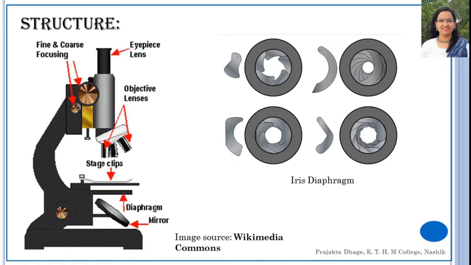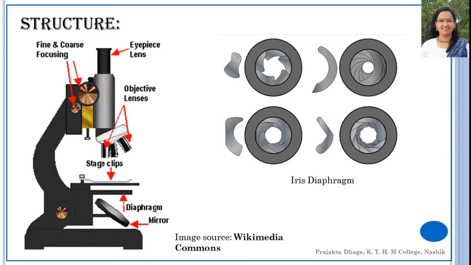Now one by one we'll see what the parts of the compound microscope are. Let's begin with the stand. The stand is made up of a heavy foot. Here, where I am pointing with the arrow, is the foot, which carries a curved inclinable limb or arm bearing the body tube.